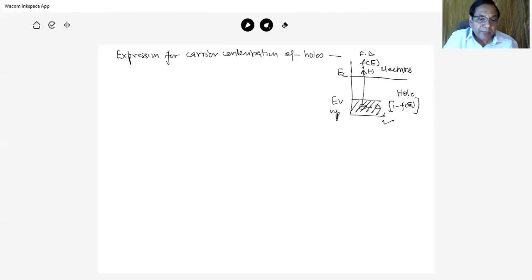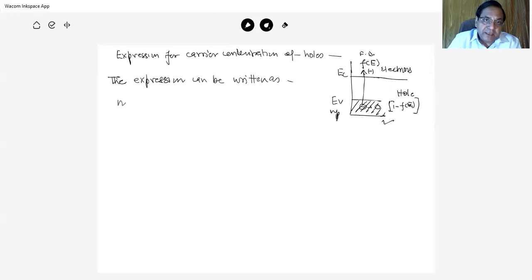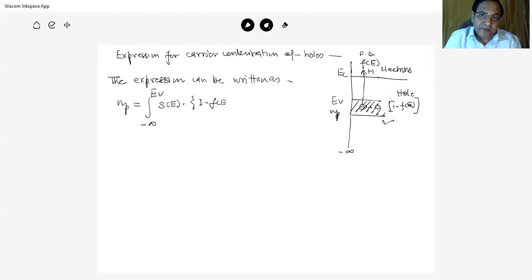The expression can be written as n of p equals the integral from minus infinity to EV, this is the maximum, of S of E times 1 minus f of E dE.